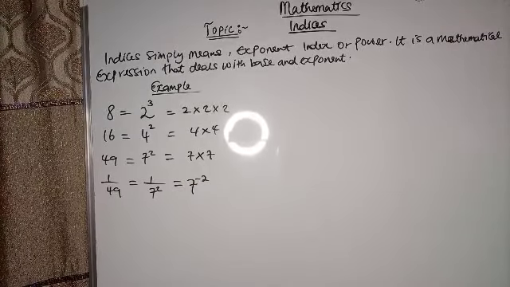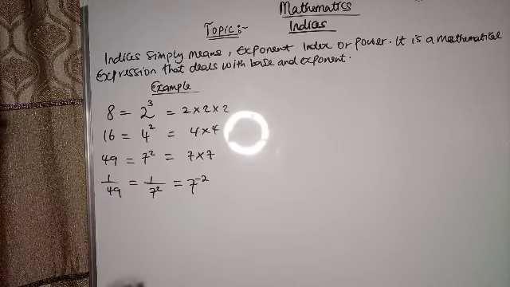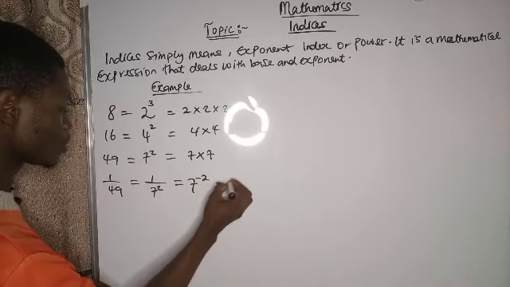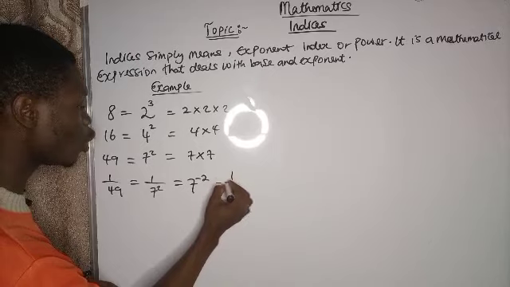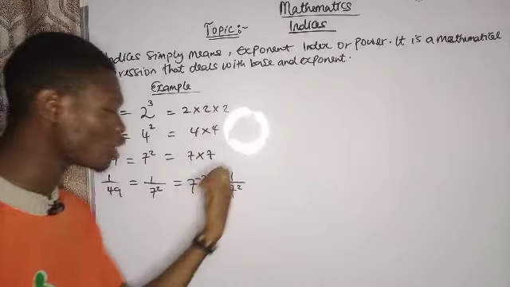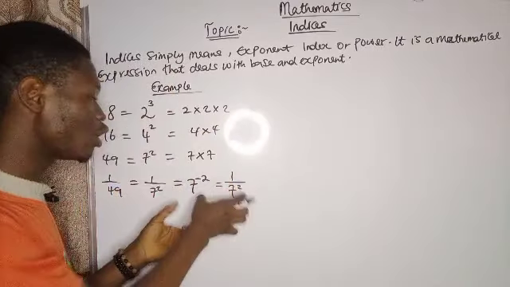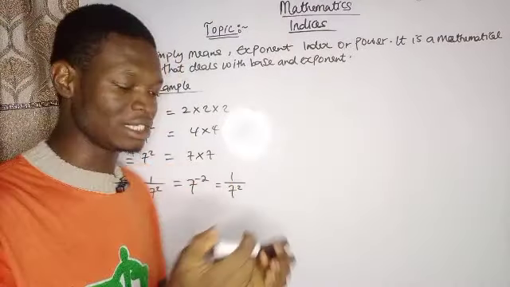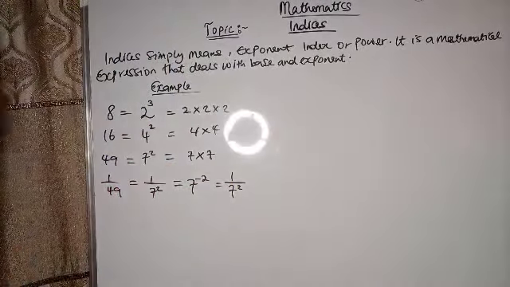Inverse of 7. Are you seeing it now? So this one will be the same thing as 1 all over 7 squared. But when we begin to talk about the laws of indices, this law will get us to negative indices. We shall discuss the law.